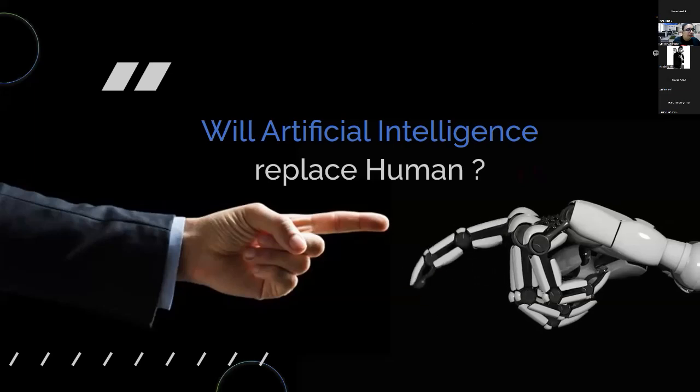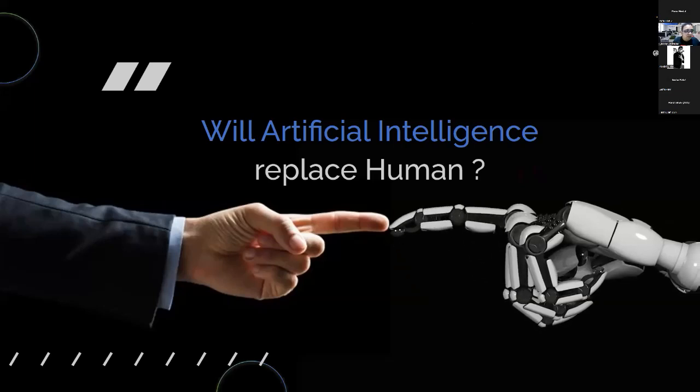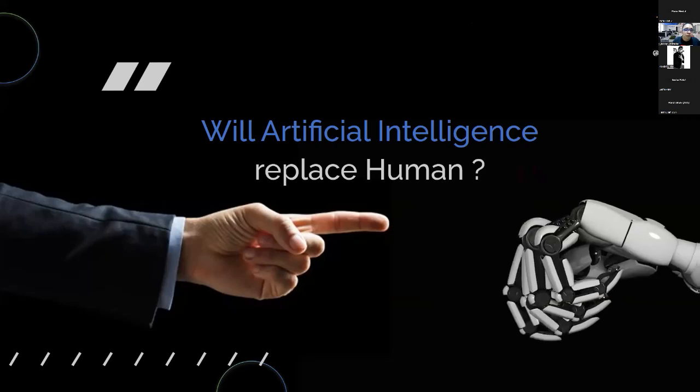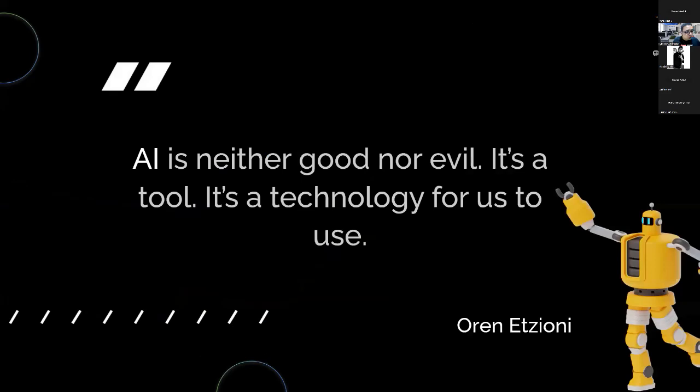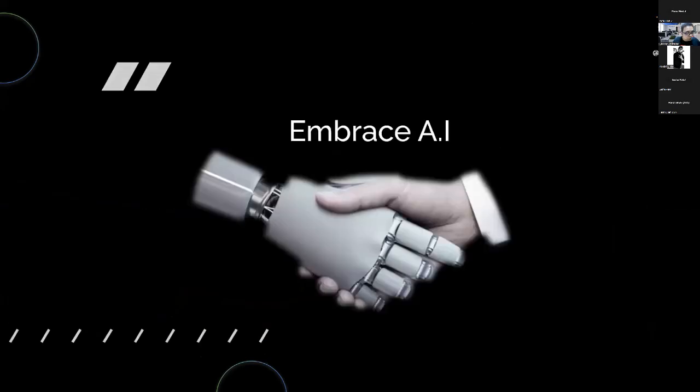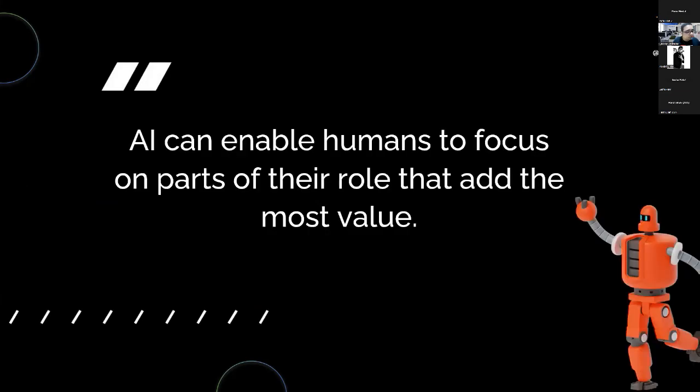So while AI cannot completely replace humans, it's time for us to actually use AI where we think it can add value to us and our efforts. So AI is neither good nor evil. It's a tool. It's a technology for us to use. So embrace AI, because AI can enable humans to focus on parts of their roles that can add the most value.